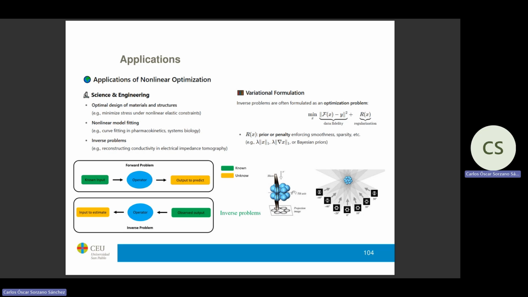You can have a lot of these images, and you know from which angles you have taken each one of the pictures, and then you have to invert the problem. So the forward problem is I put the molecule in, the microscope will generate a projection. The inverse problem is I have a set of projections, which was the molecule. Okay, and all of them are formulated in this way.